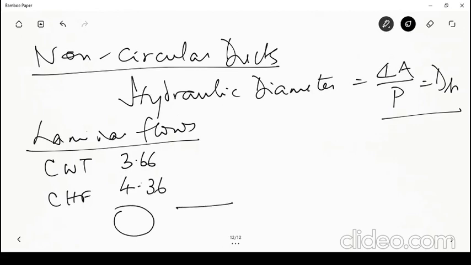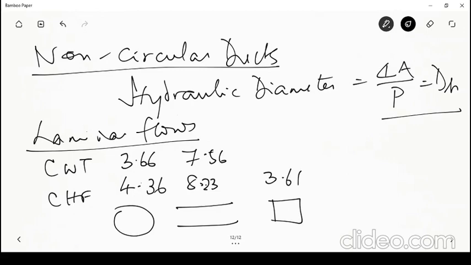Similarly, if it is a parallel plates duct, the constant wall flux is 8.23 and constant wall temperature is 7.56. If it's a square geometry, the constant wall flux is 3.61.